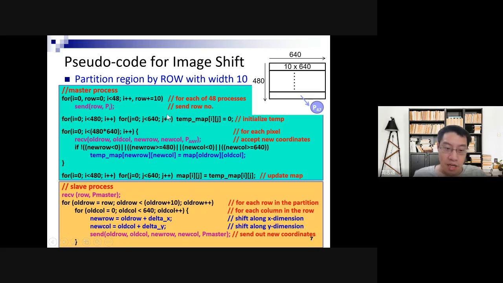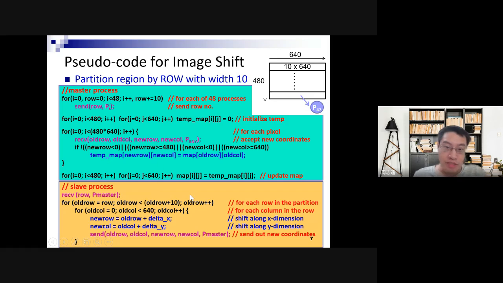In this case, you can see that because the task is partitioned by row, we simply go through each task. For every task, we only give the index of the first row, so that each slave, when he receives the row number, will just know that the following nine rows also need to be processed in this single task.